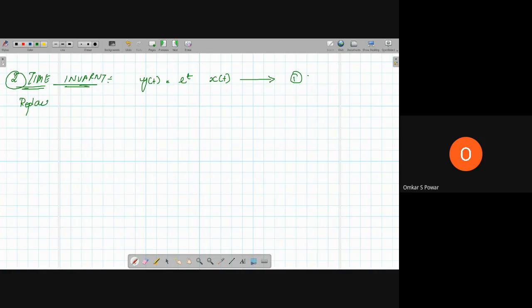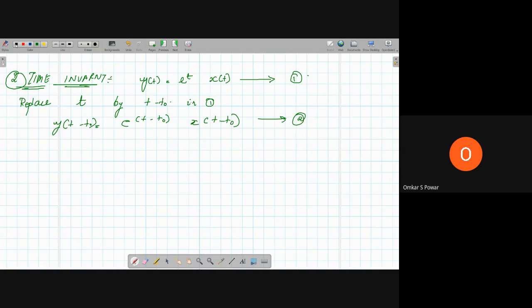Replace t by t minus t naught in 1. So what you get? y of t minus t naught is equal to e power t minus t naught into x of t minus t naught. So this is our equation number 2.